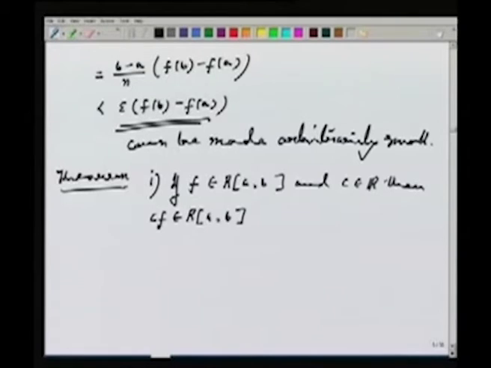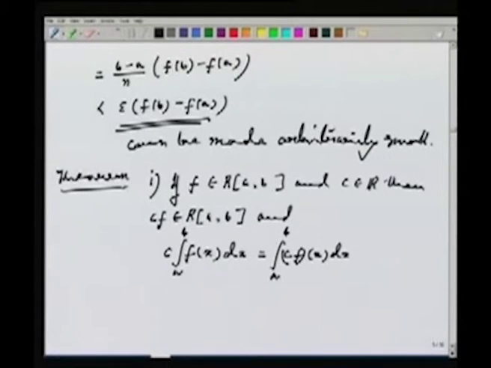Not only that, integral a to b c f(x) dx is the same as c times integral a to b f(x) dx. That means the scalar which I have multiplied with the function can be taken out of the integral.